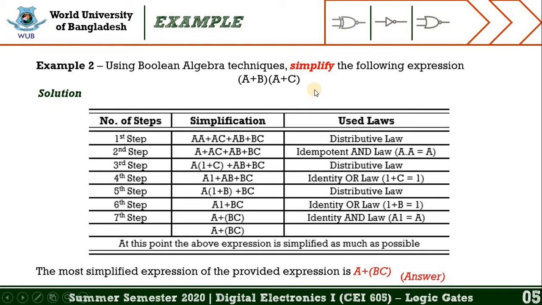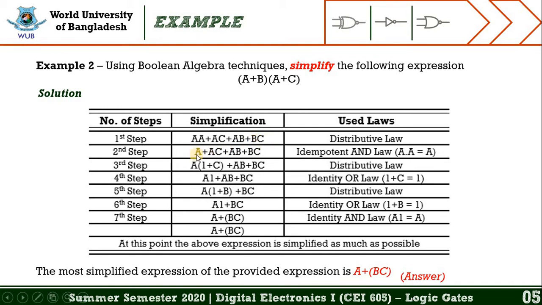The given expression is A or B inside the first parenthesis, and inside the second parenthesis, A or C. The first step would be to use the distributive law, and after applying it we get A and A, or A and C, or A and B, or B and C.